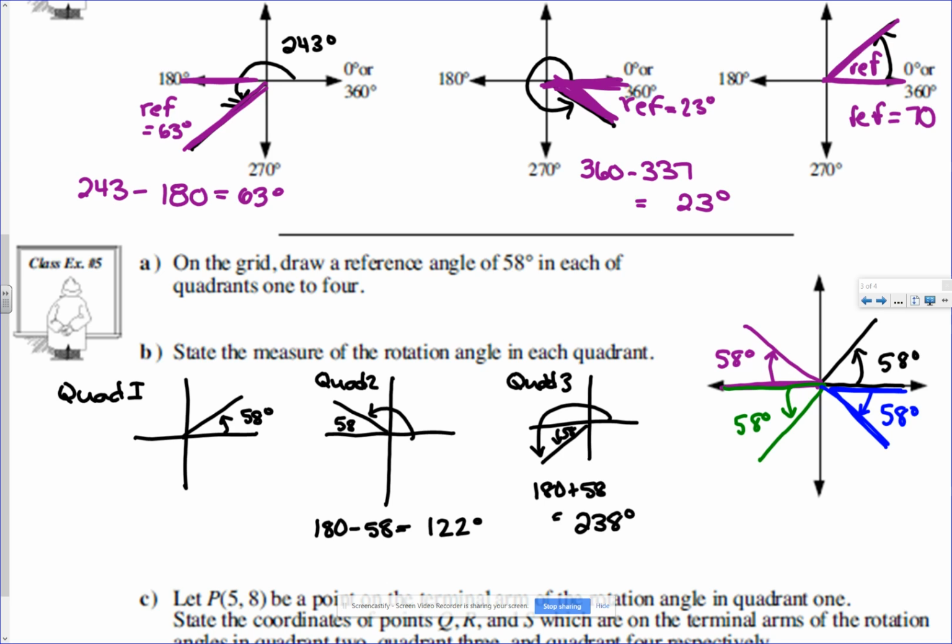And then in my last quadrant, I'm looking for this one right here as my standard. I know this is 58. So to find my last standard angle for quadrant 4, I would have 360 minus 58, and that would give me a standard angle of 302 degrees.